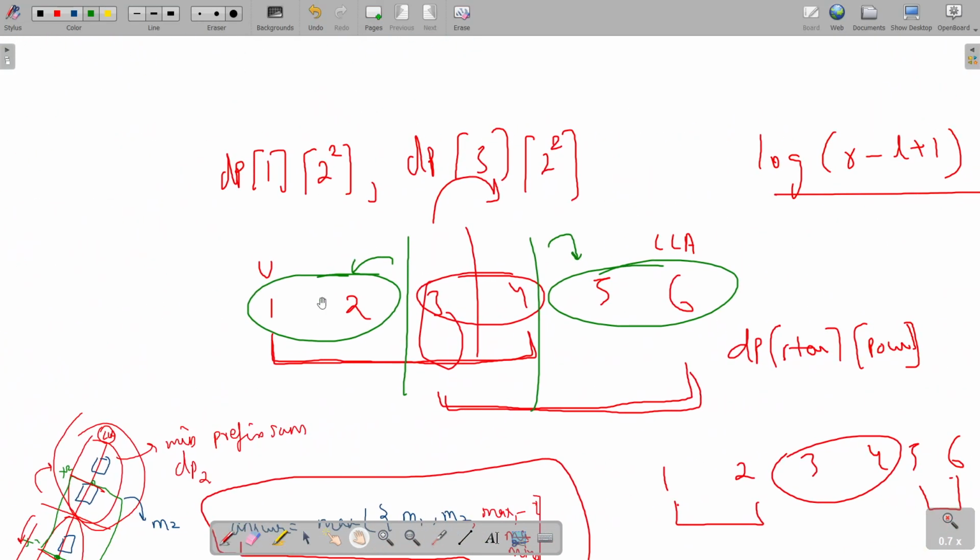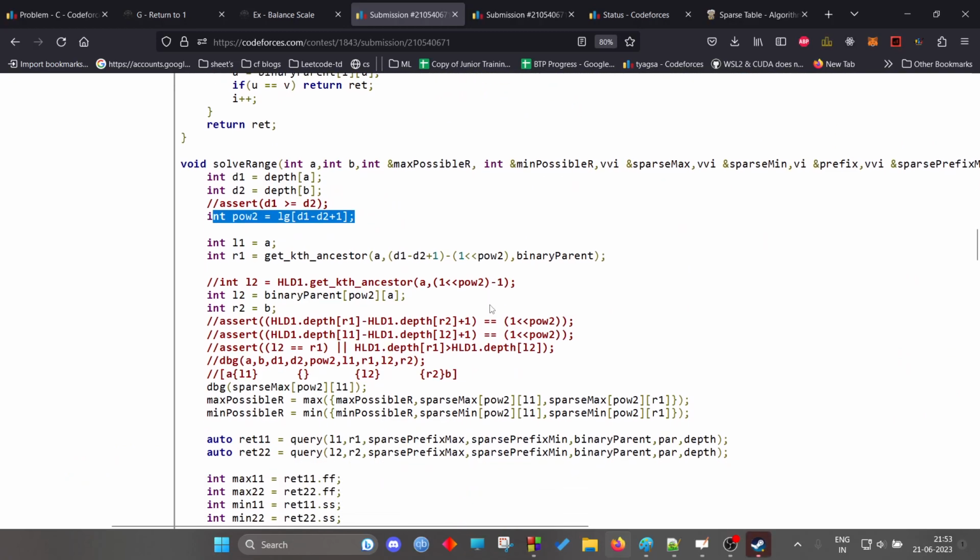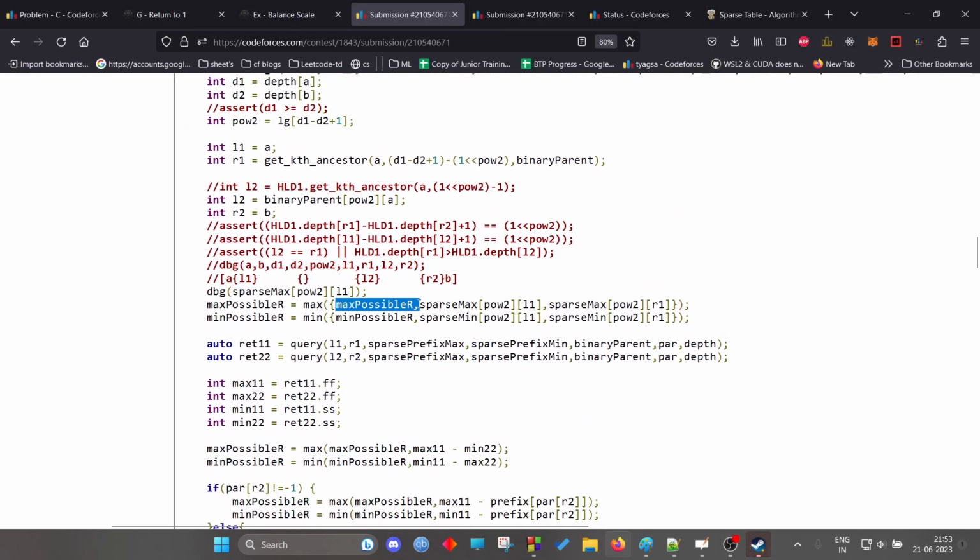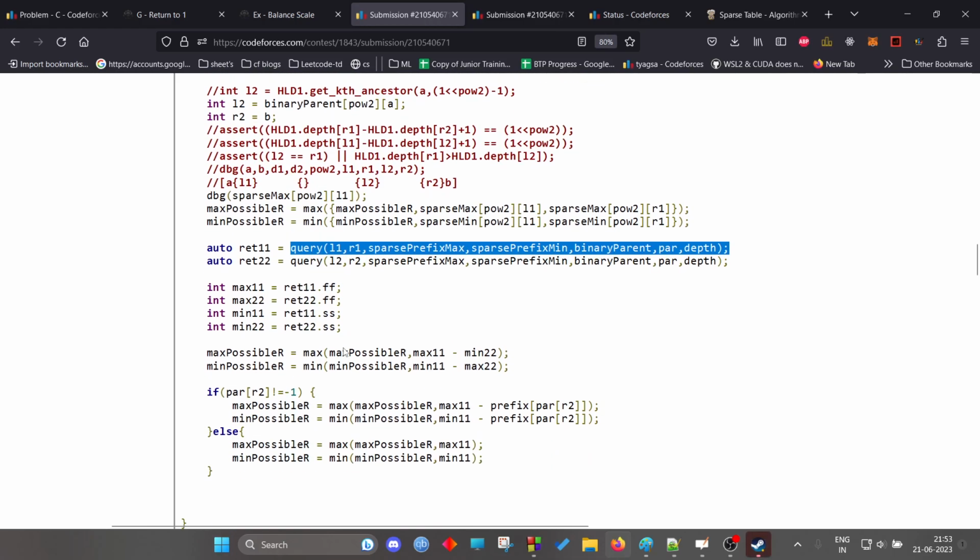For example, I told you here there are basically 4 points which are important: the start, the exact end, and then the point just right of the overlap, and the point just left of the overlap. So these 4 points are important, and using these 4 points, this query function just tells you the prefix max in a range and the prefix min in a range, and then using that I am taking my answer as the maximum to the left and the minimum to the right.